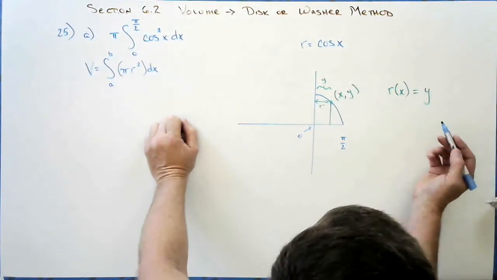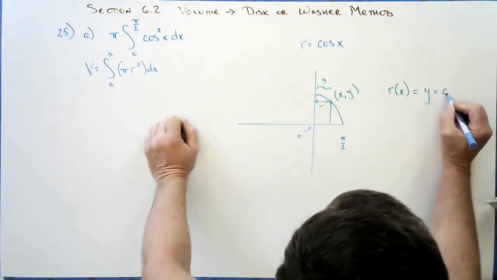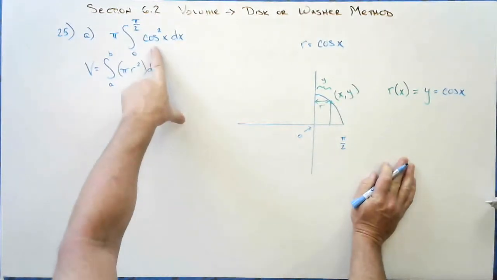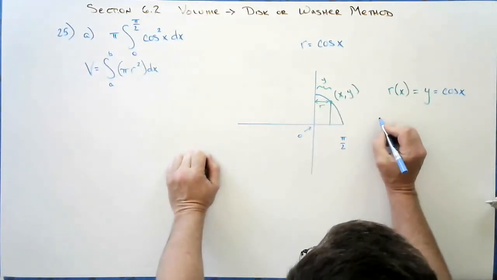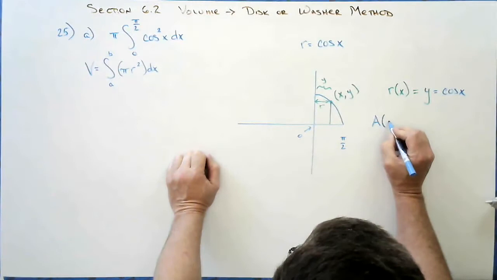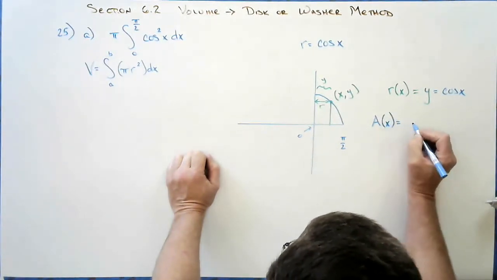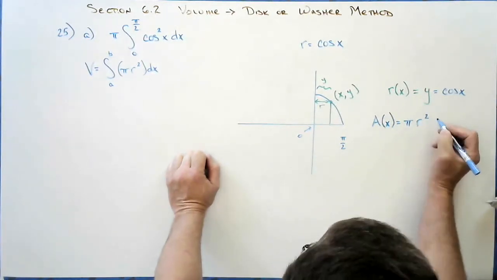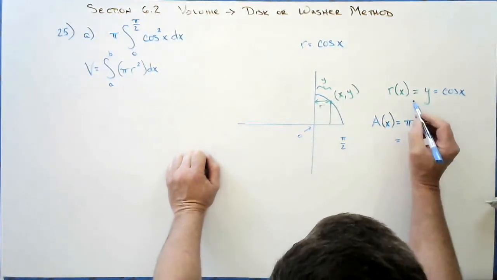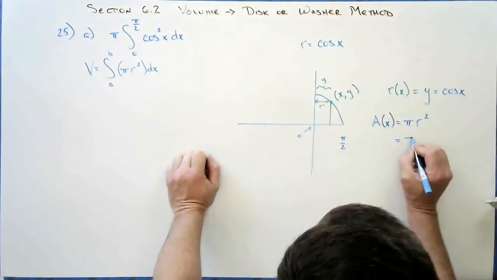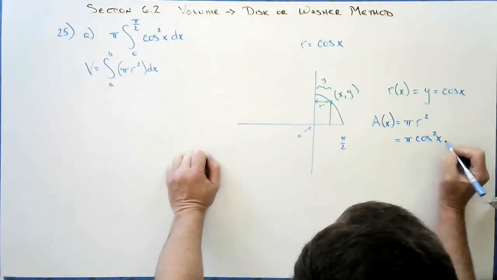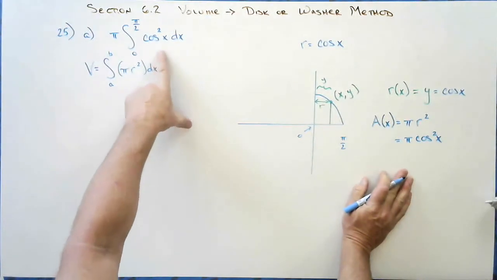That's our function. So y does equal cosine of x, and that fits into our formula then, because when we take our area formula in terms of x, area is going to be pi times our radius squared, and we've decided that our radius is cosine, so that's going to be pi times cosine squared of x. So that fits with our problem.